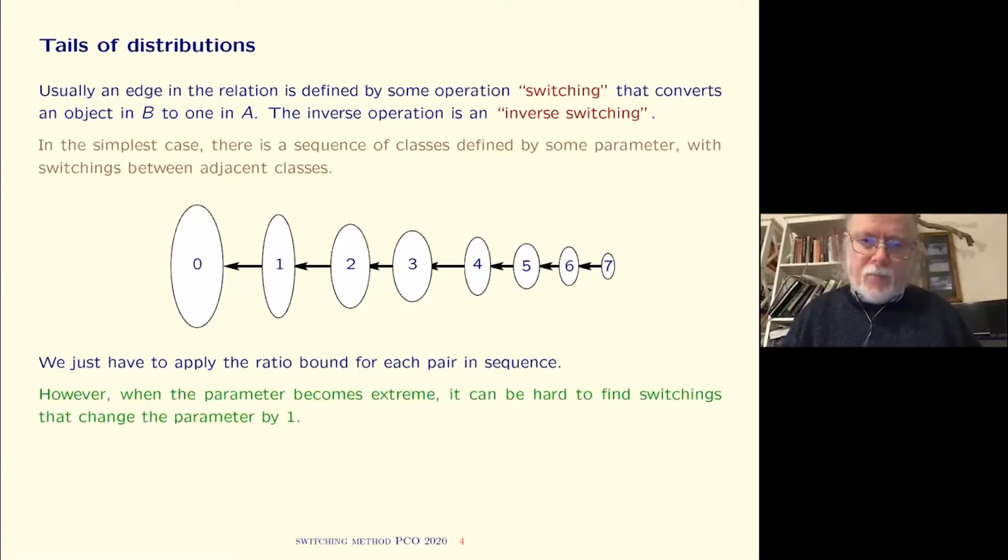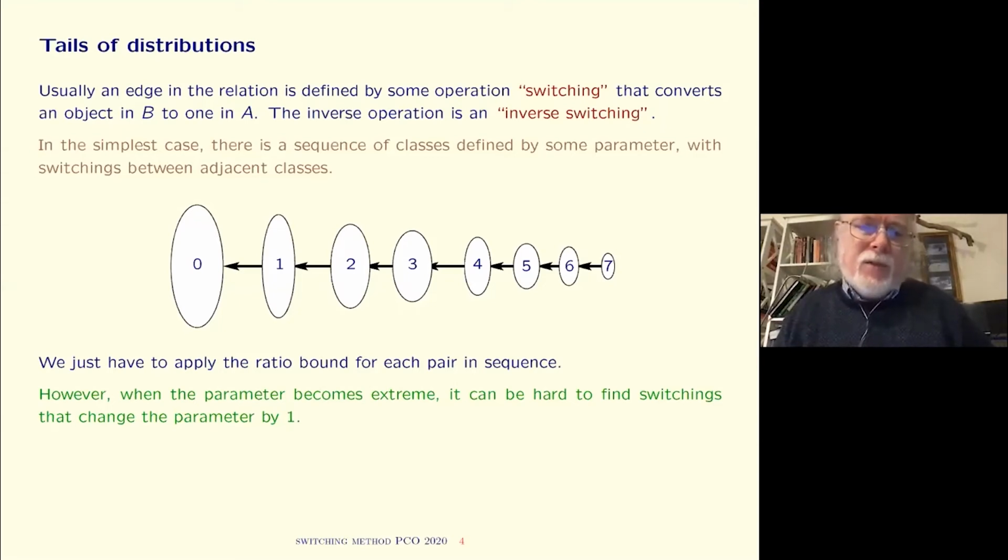However, in a more complicated case, you might not have such a simple picture. Say, for example, that the parameter is the number of triangles in some family of graphs. It could be that you can make a switching which removes exactly one triangle when the number of triangles is not very large. But if the number of triangles is very large, it might not be possible, or at least not easy, to find a switching that neatly removes just one triangle without removing any others at the same time or creating others.